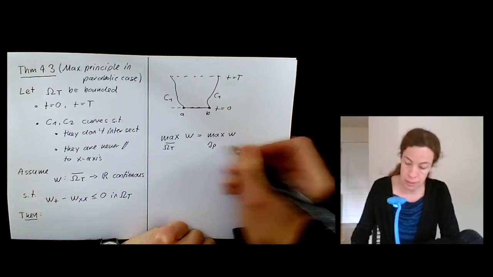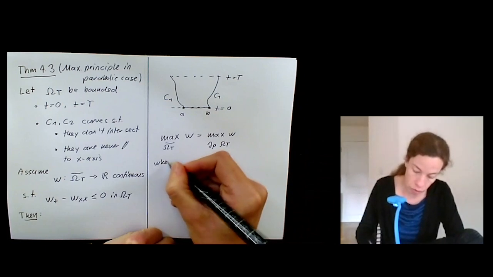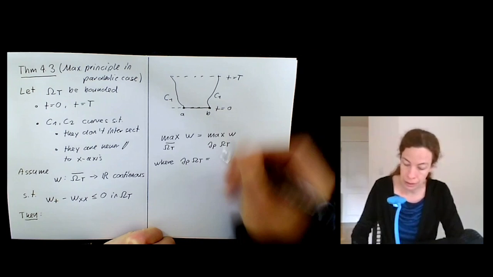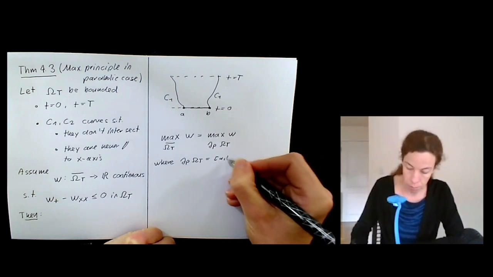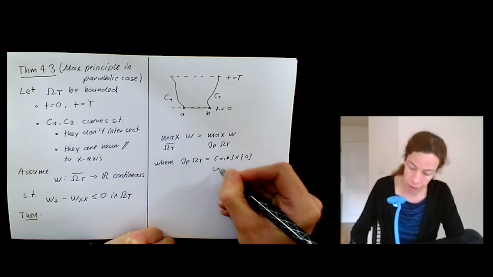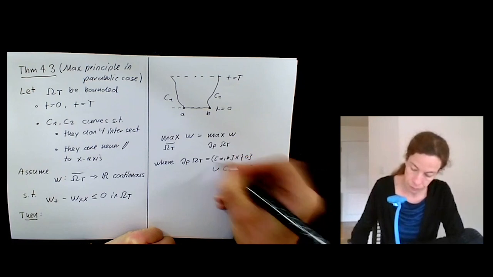So I'm writing this as boundary P of omega t, where in this situation the parabolic boundary of the domain is given by the initial interval, so AB cross 0, and then it's given by these boundary curves C1 and C2.